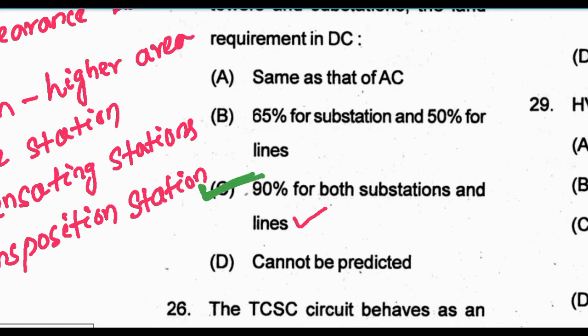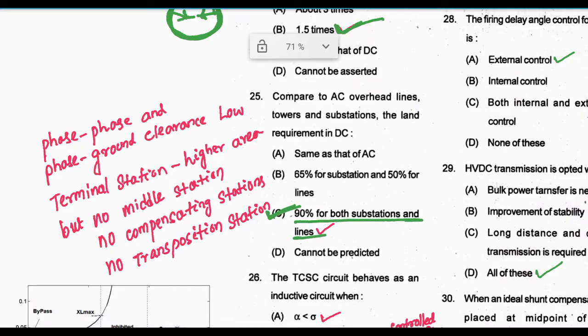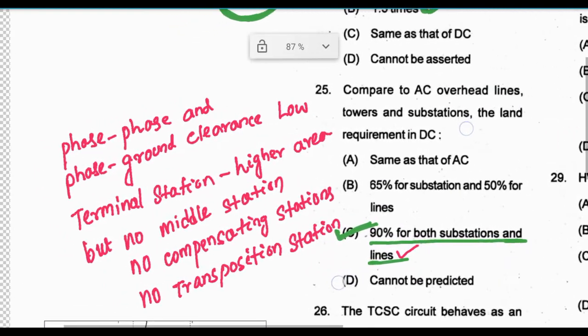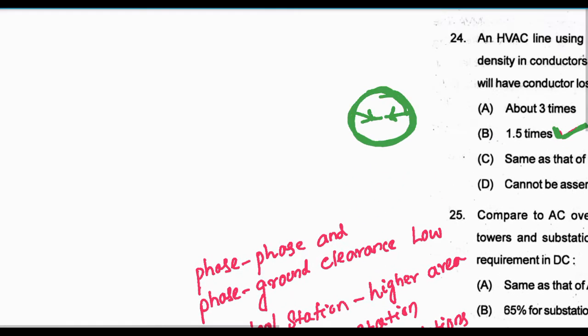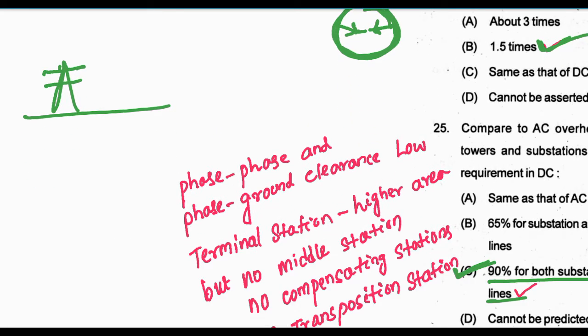90% for both substations and lines, because for land requirement, suppose for an AC line, here is the tower, and here are the cross arms. This is the land requirement, and for substations, some land is required for both AC and DC. But in case of a DC line, phase to phase and phase to ground clearance is low.